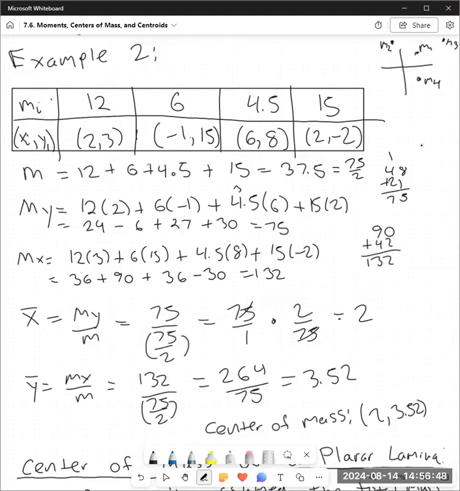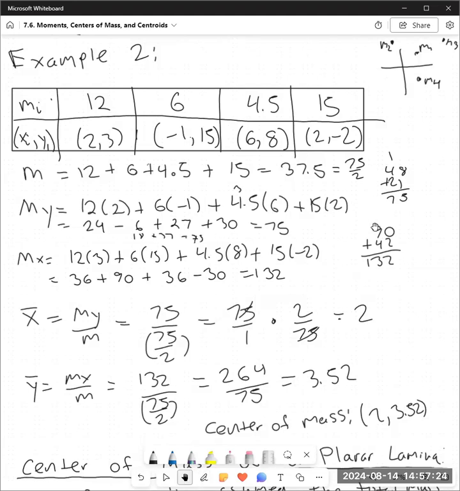And then add all those together. 24 minus 6 is 18, and 18 plus 27 is 45, plus 30 is 75. That's right, so it's going to be 75 there.